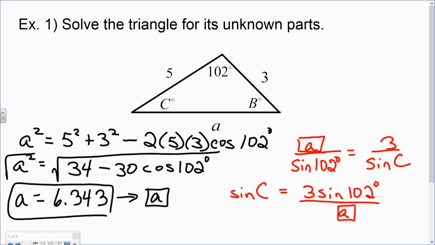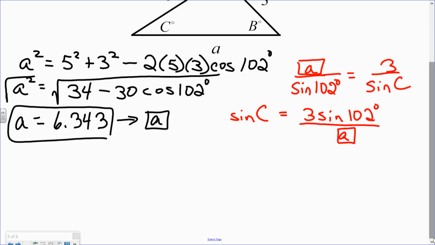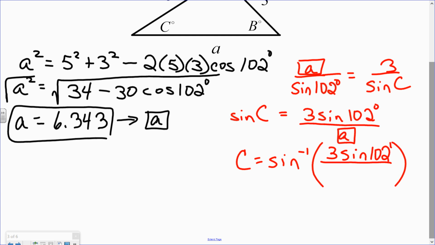What do I have to do when I have something like this? Inverse sine. So we're going to write down exactly what we're entering on the calculator before we start entering anything. And at this point, I think I'd do that fraction template after you do inverse sine, so you can be real clear to get what belongs in numerator and denominator. 3 sine 102. And you're going to then have that divided by the A that you've stored. And that will give us angle C.